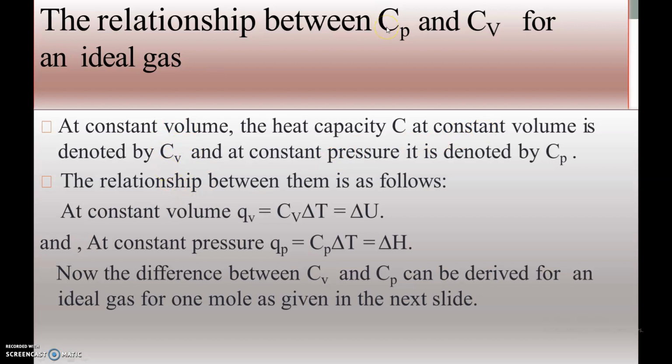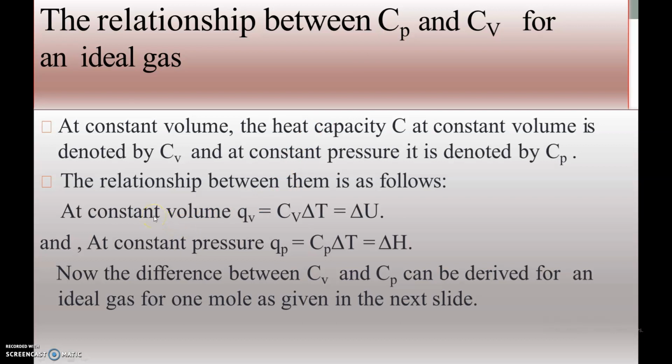So what will be Cp? The heat capacity at constant pressure. So Cv is the heat capacity at constant volume, and Cp is the heat capacity at constant pressure. We'll see what is the relationship between Cp and Cv for an ideal gas.